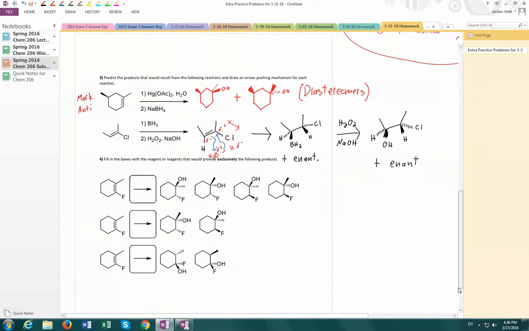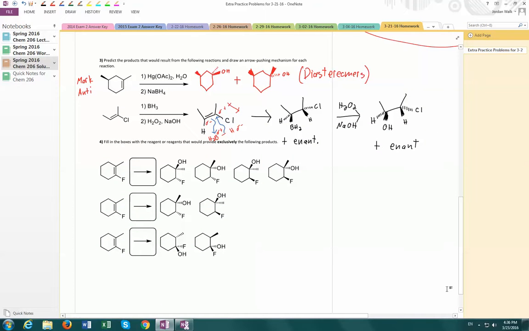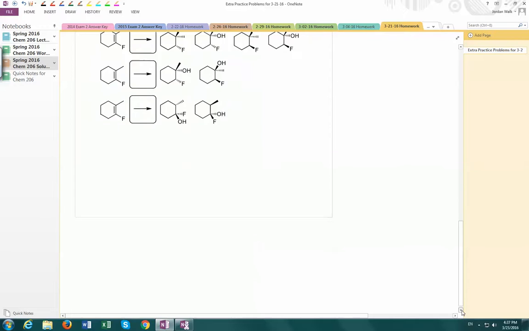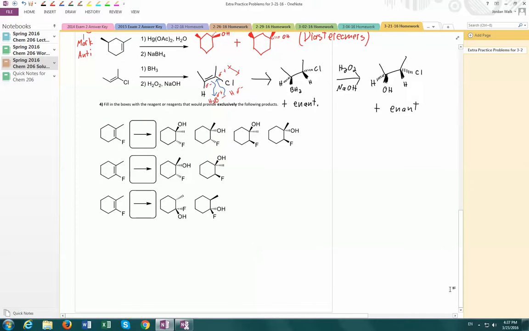All right, so we'll call this number 1. So, what is the first step of this reaction? Where do we start our arrow? Yeah, so we've got mercury acetate.